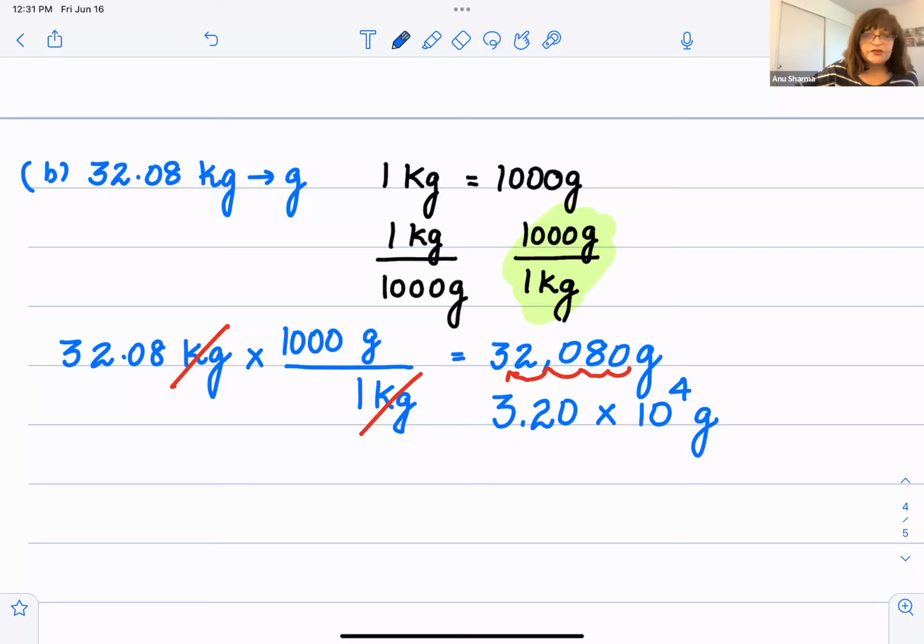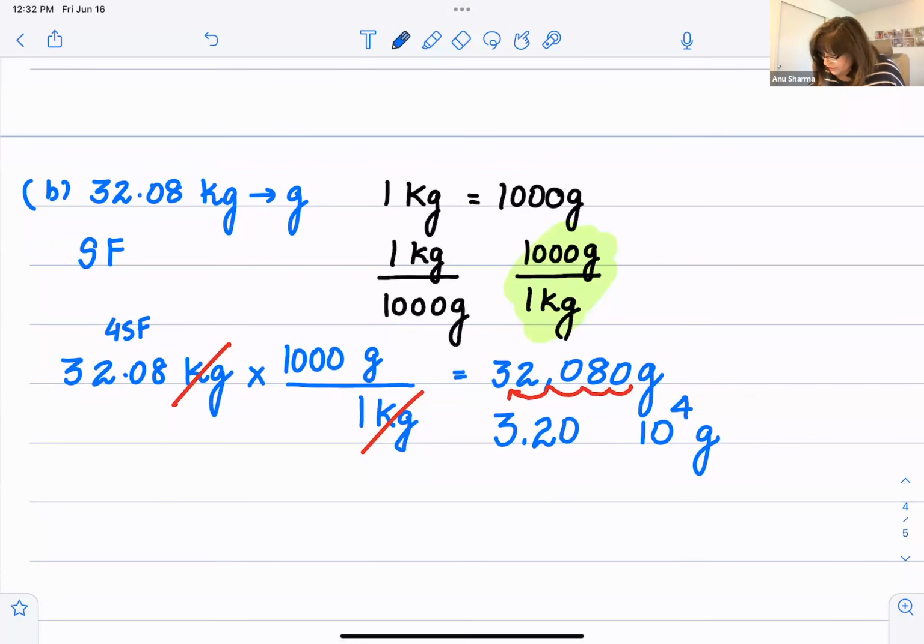If you look at the significant figures, this is 4 significant figures, so your answer should also be 4 significant figures. So in order to do that, you're going to still have that 8. So 3.208 times 10 to the power 4.